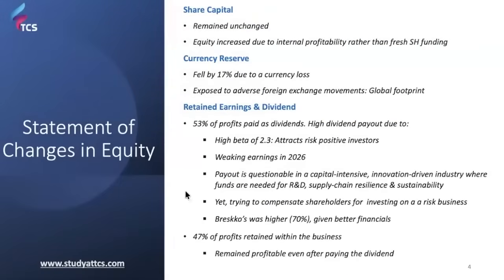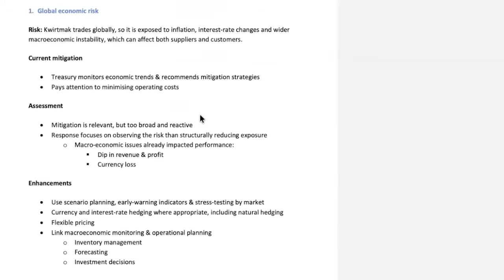If you look at it, our currency reserve fell by 17% due to a currency loss, which indicates the fact that we are exposed to adverse foreign exchange movements given our global footprint, because we are manufacturing globally as well as selling globally. So it's of utmost importance that our Treasury Department take a proactive stance rather than trying to be reactive, rather than simply trying to observe affairs.